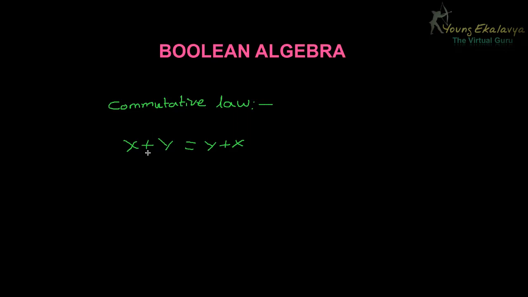So this is the commutative law which states that x or y is equal to y or x, or x and y is equal to y and x. So as I have said earlier, we can prove even this using this truth table. So you can try it as an exercise.